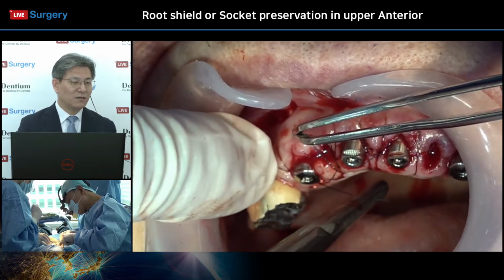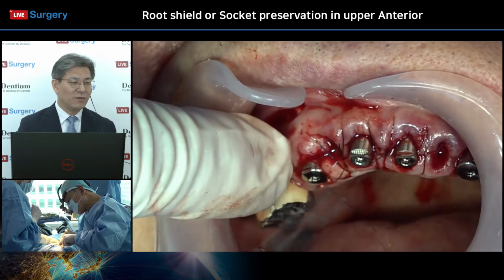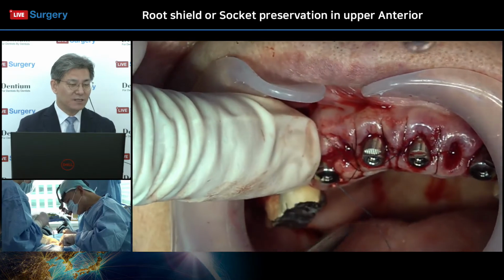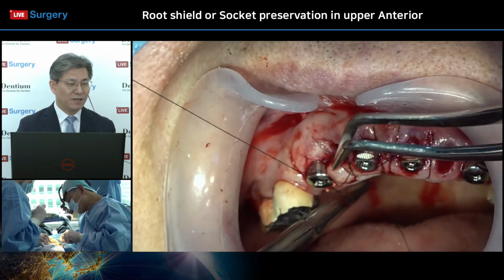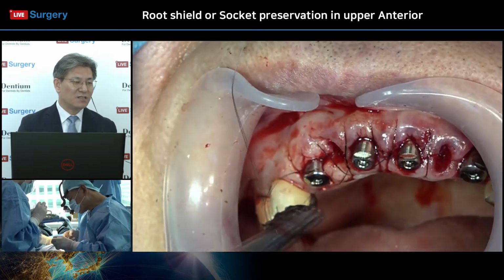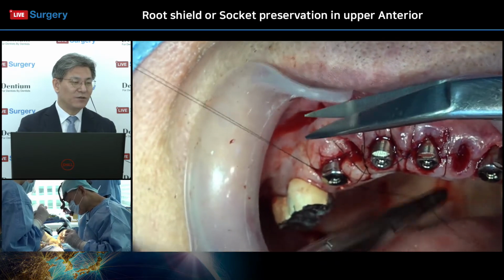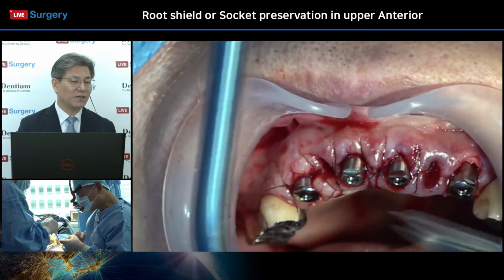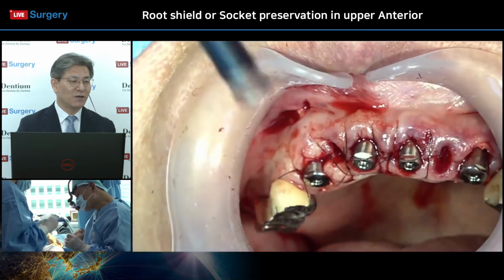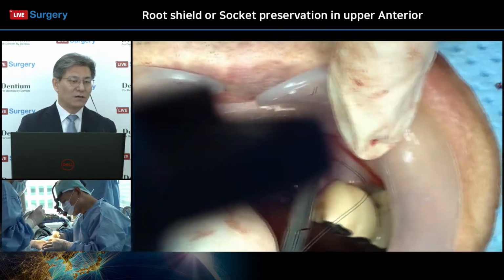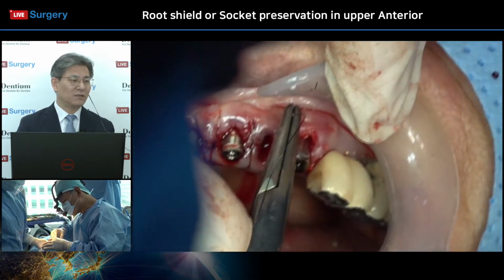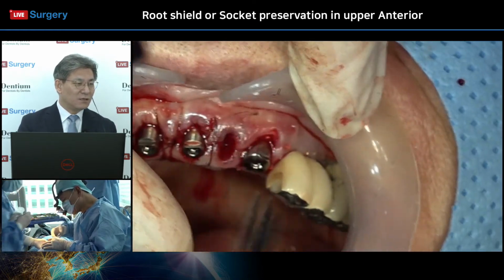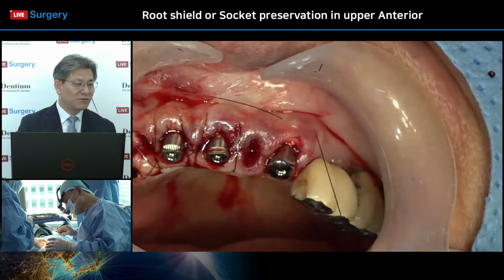Today you can remember actually a flapless surgery. Flapless and just a small semilunar incision. This one is for removing the apical lesion of number 13. Okay. Dr. Chung is going to the finishing line today.